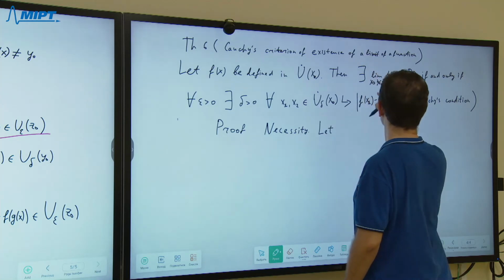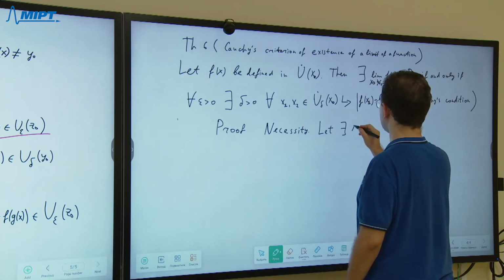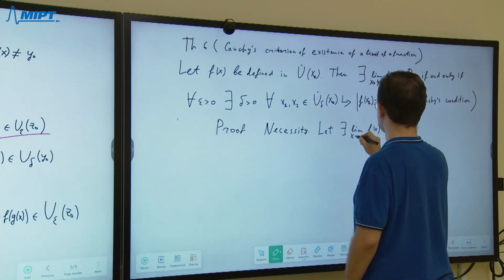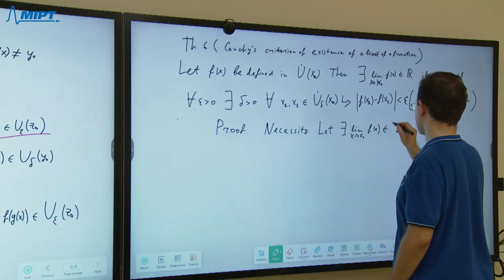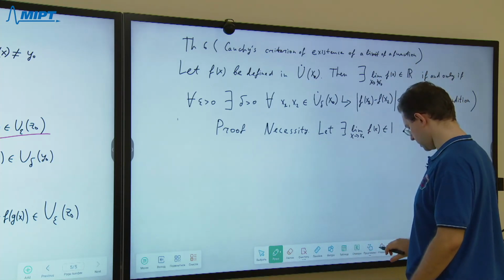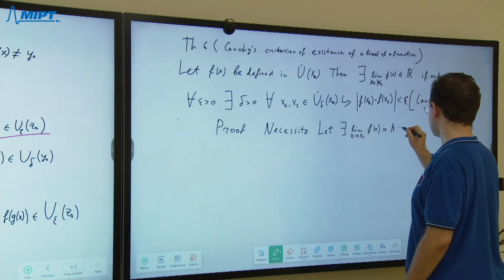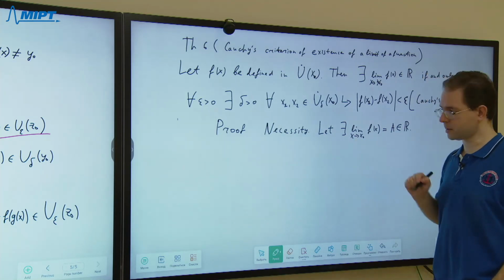So let this limit exist. Let's call it a, a real number. Let's write down this definition.